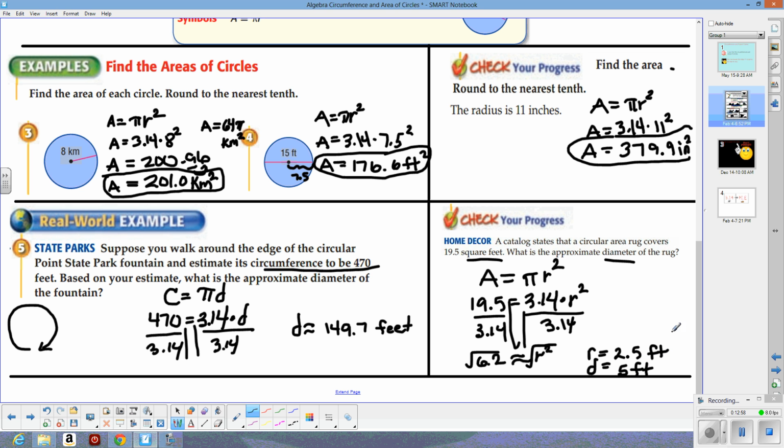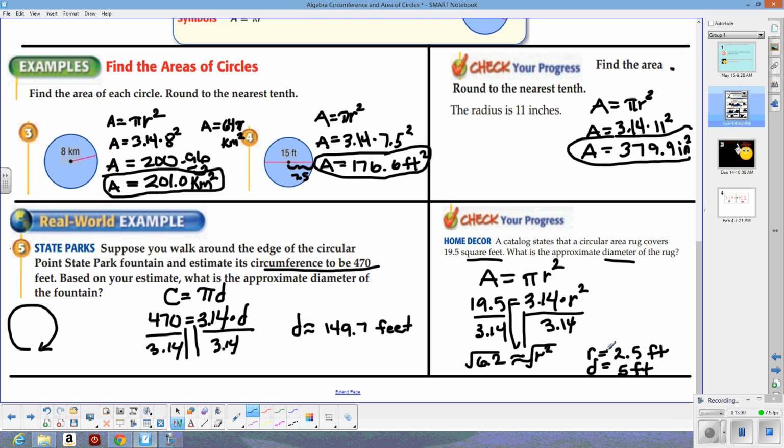Now if you wanted to check your answer, you could plug this back in and do 3.14 times 5 squared. Actually, I'm sorry, that didn't make any sense.